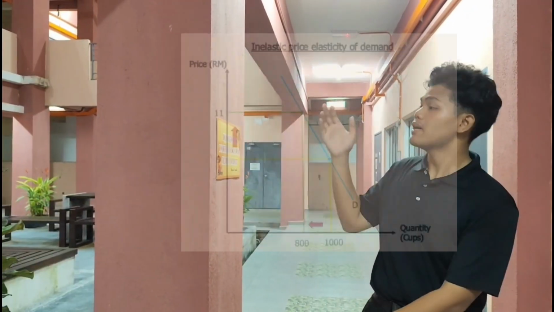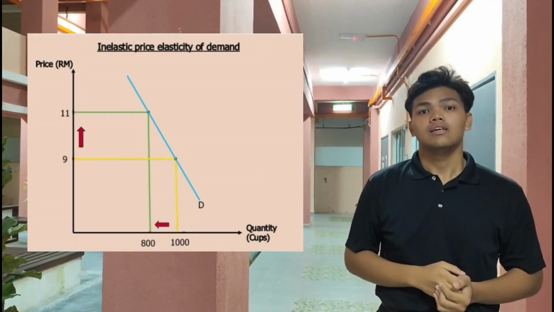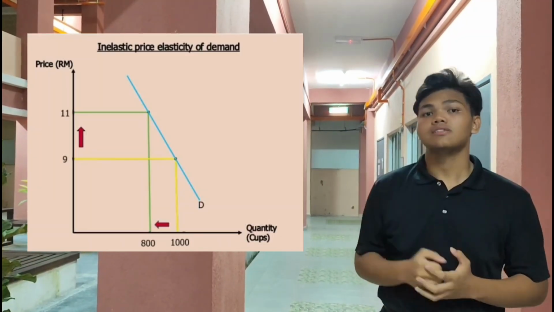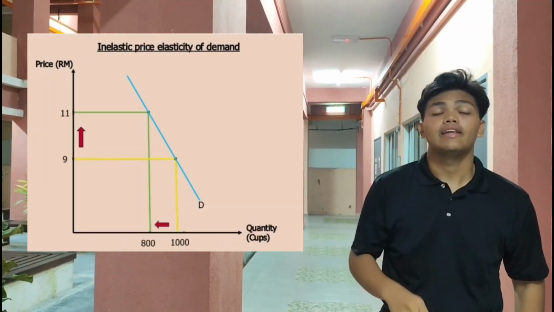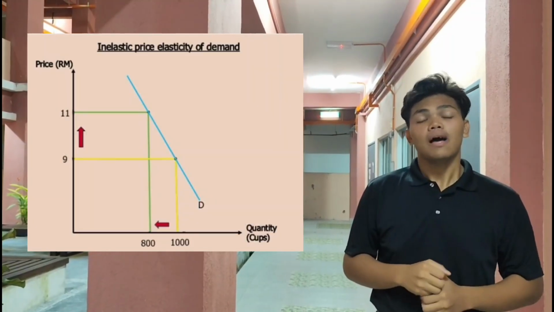This is the curve of price elasticity of demand. As you can see, the price on the curve increased by 2 ringgit, and the quantity demanded of iced latte dropped by 200 cups. Lastly, is it a good idea to maintain the new price? The total revenue we can receive is less than at the price of 9 ringgit.